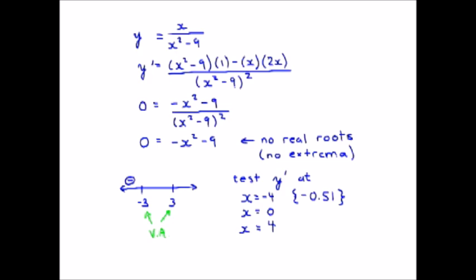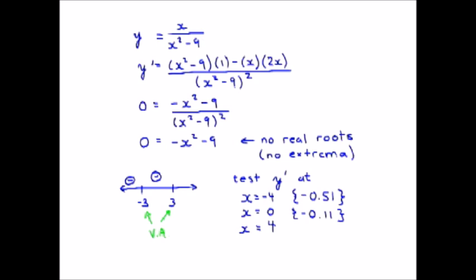That indicates that my function is decreasing from negative infinity to negative 3. Then I took the x value 0, substituted it into y prime, my first derivative, and got negative 0.11. So my function is decreasing from negative 3 to positive 3.